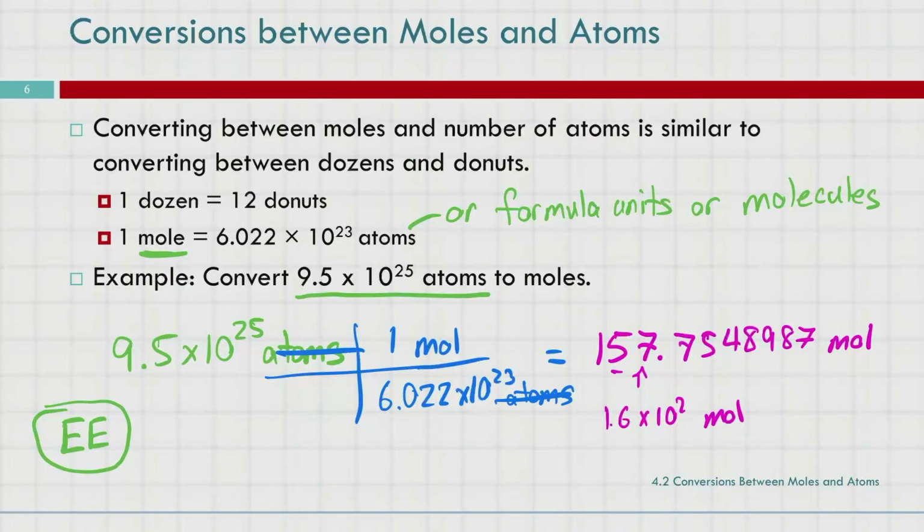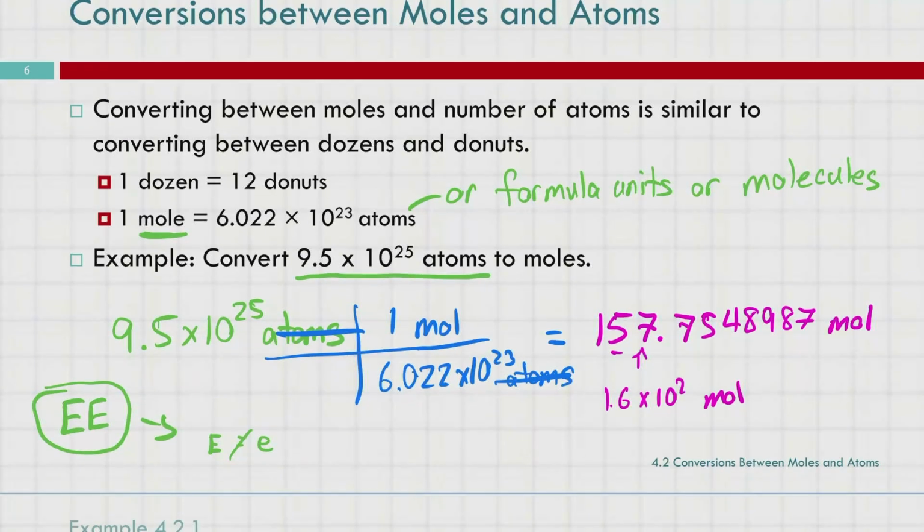What this does is that it puts in a small capital E. The small capital E is not the same as the lowercase e. They're not the same. So what the small capital E does is it tells your calculator times 10 raised to the power of whatever follows this.